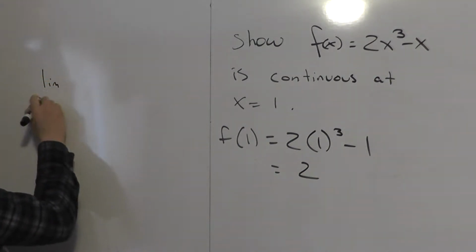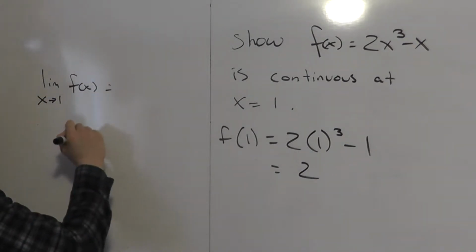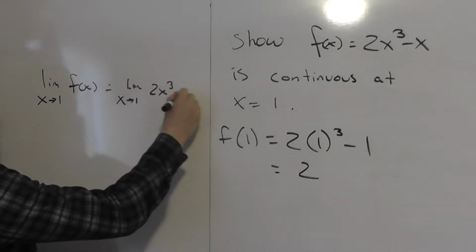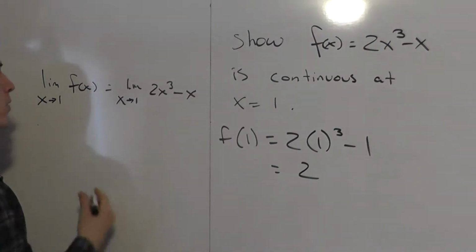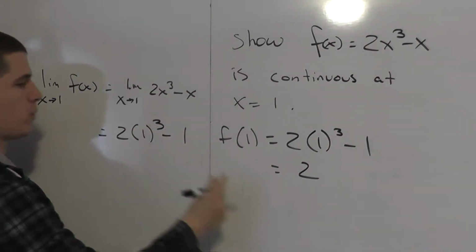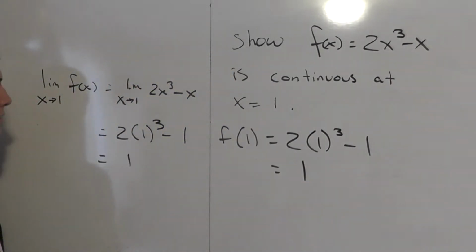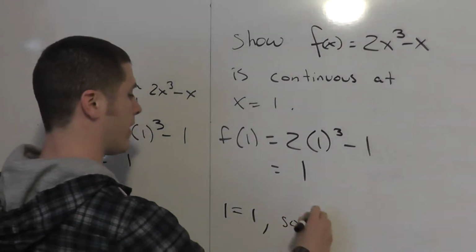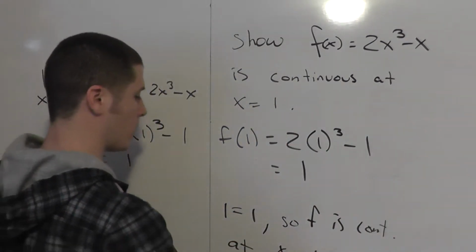The limit as x goes to 1 of f of x is equal to the limit as x goes to 1 of 2x cubed minus x. Since this is polynomial, we can just plug in this value. So this is 2 times 1 cubed minus 1, and 2 minus 1 is obviously 1. And we note that 1 equals 1. So f is continuous at x equals 1.